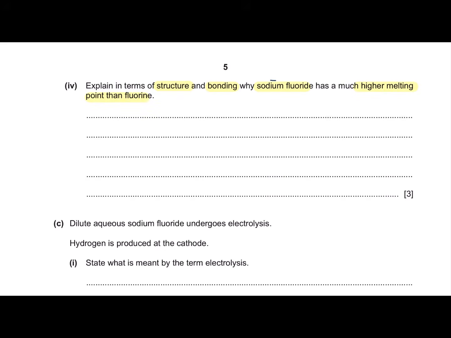So, as we know, sodium fluoride is an ionic compound, right? So NaF has ionic bond, which is a bond that has strong electrostatic forces of attraction between oppositely charged ions. So, it is stronger, right? Whereas fluorine has attraction between its molecules, which is a weaker attraction as compared to the attraction present in ionic bond.